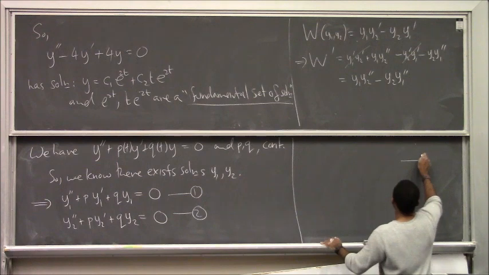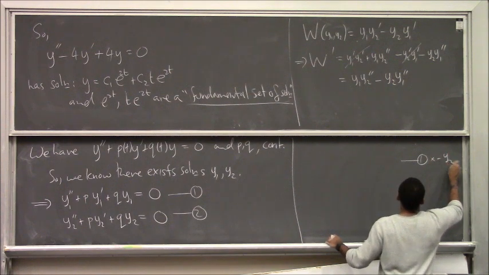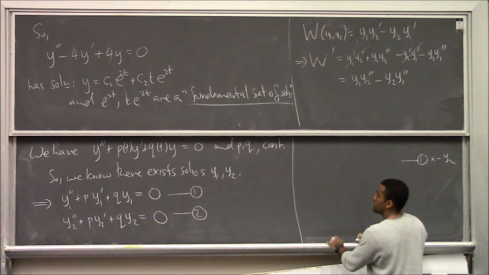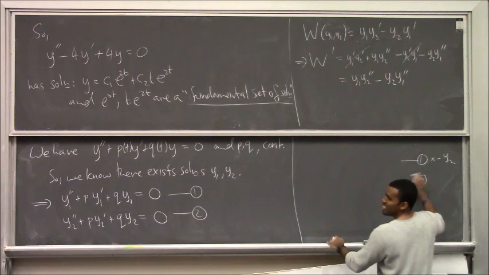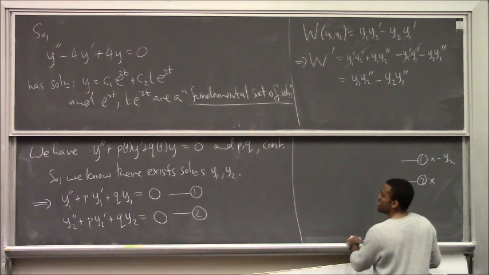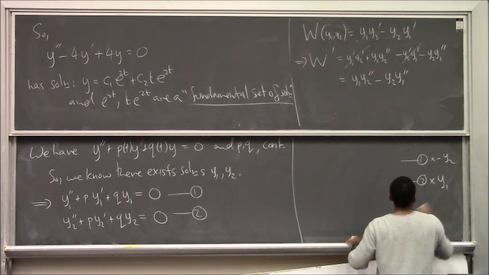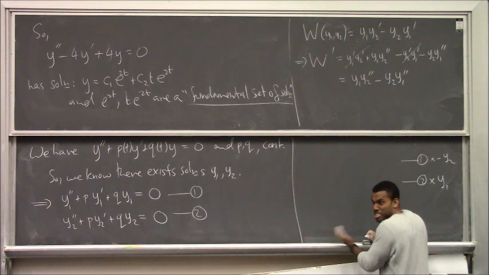Here's what I'm going to do. I am going to take equation 1 and multiply by minus y2. I am going to take equation 2... I know what you're going to do. You don't know what I'm going to do. I'm going to multiply by that, because this is what happens.